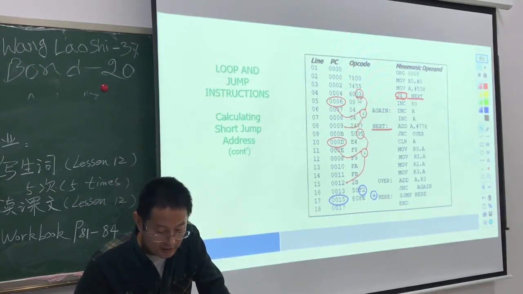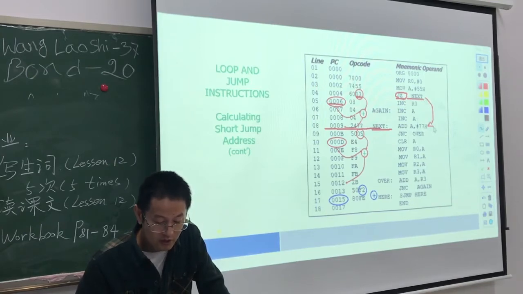Just add the 03 to here. 6 add 03, we can get 9. Get 9 is here. So from here jump to here.